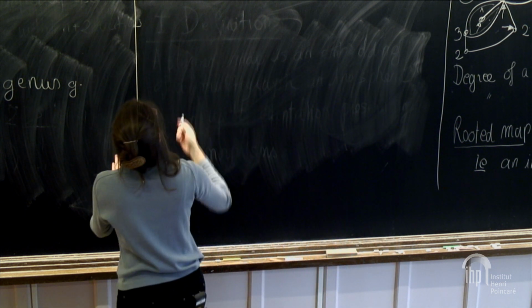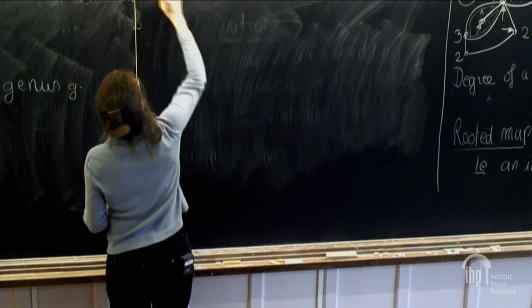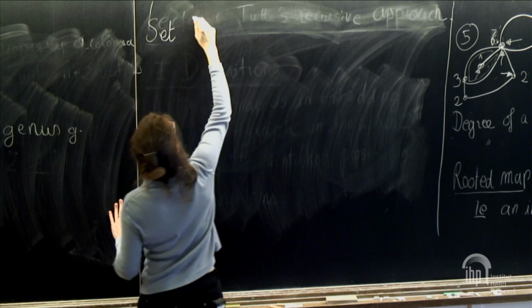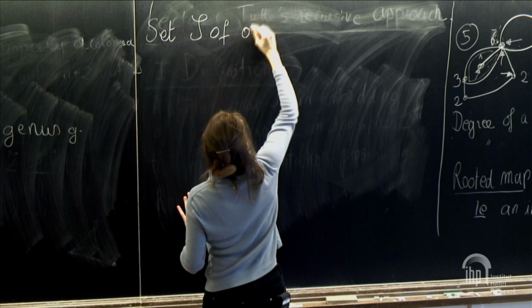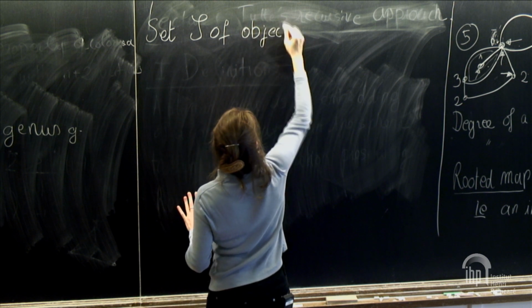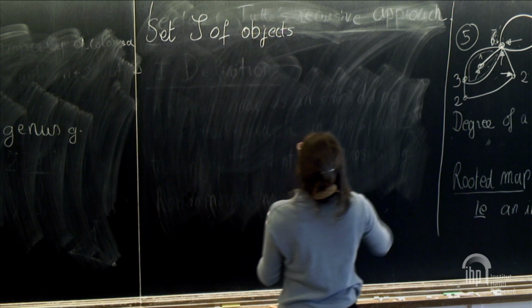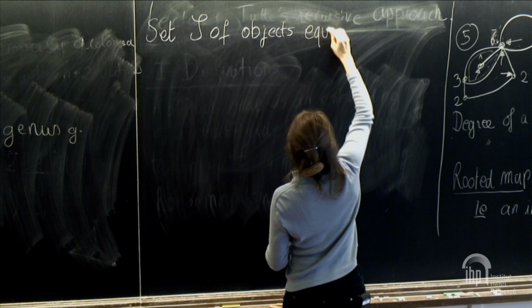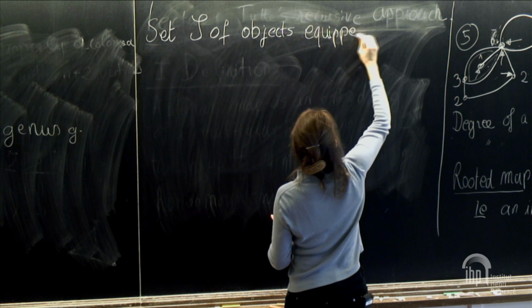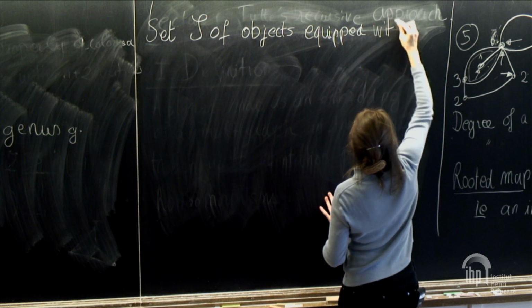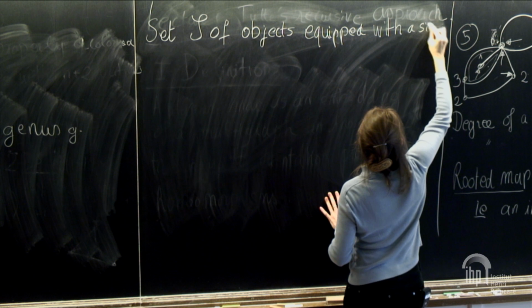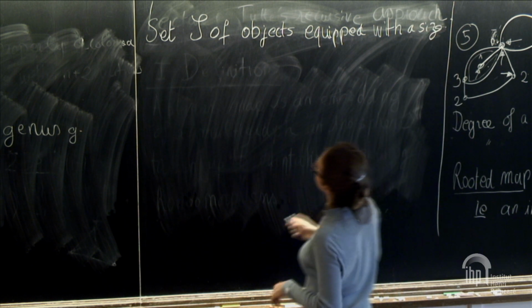So if you have a class or a set, say S, of objects, so for instance planar maps, equipped with some size, for instance the number of edges, so what is the size?